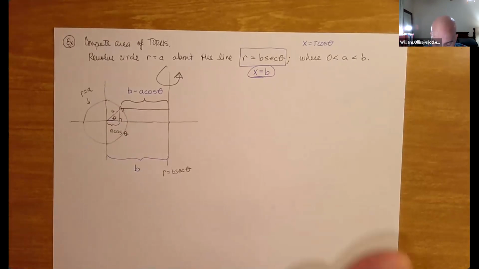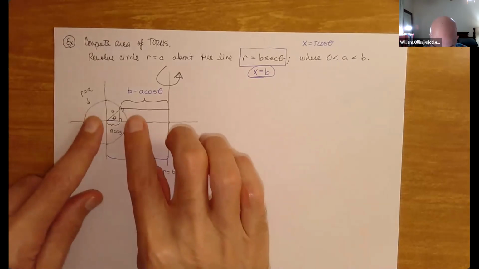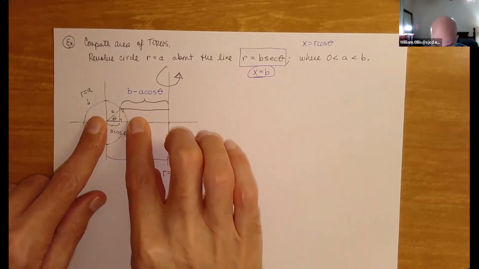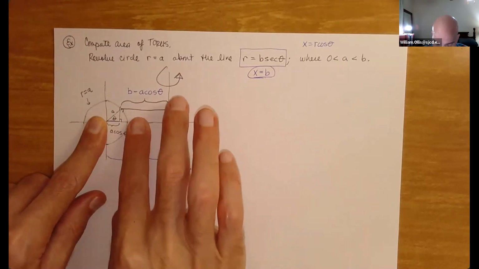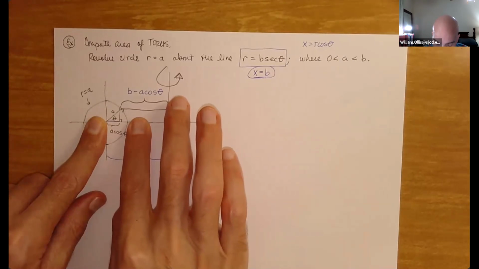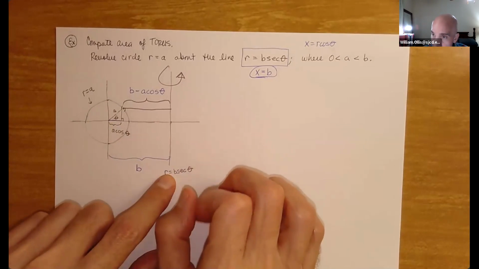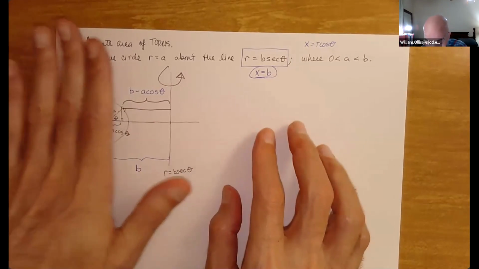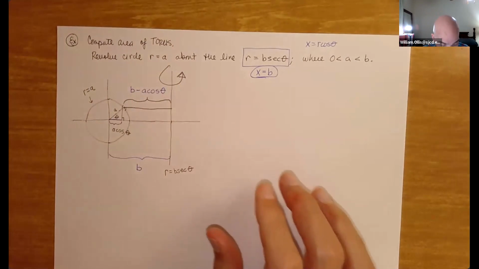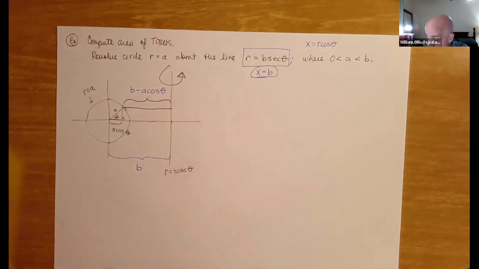Normally we would be thinking in terms of the y-axis like we had before, but we have to amend it because of the displacement of the axis of revolution. Instead of being here, it's all the way over here. That's the one kink in the problem that requires a little bit of work, but it's doable.